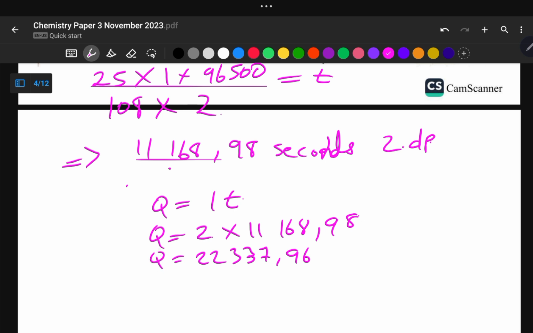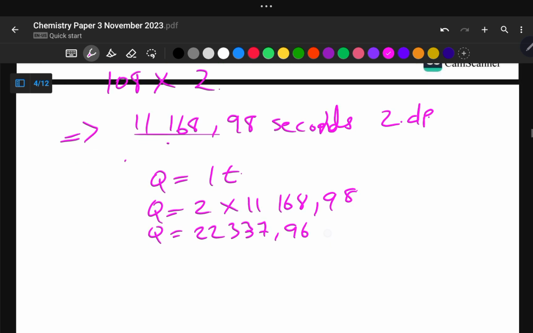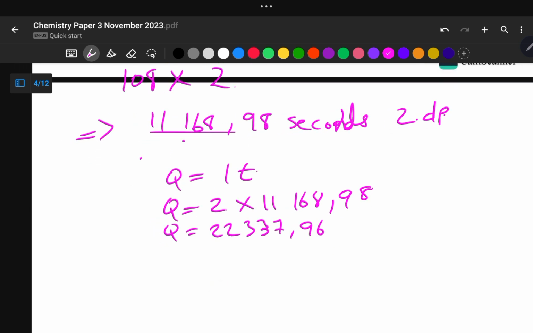From the Faraday's constant, we know that the charge of 1 mole of electrons is equal to 96,500. So we want to find the number of moles of electrons within this given charge.